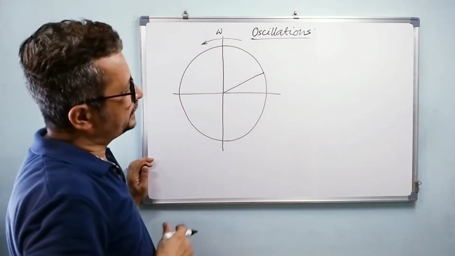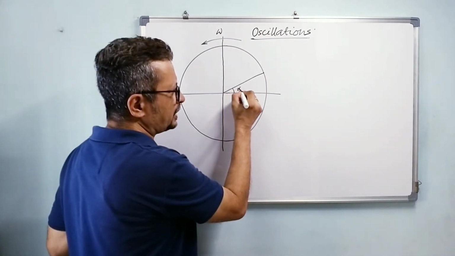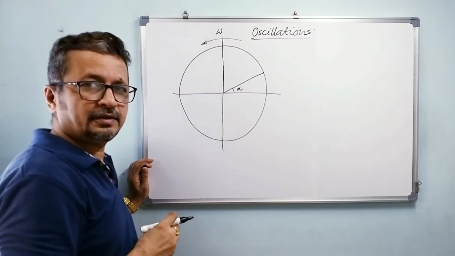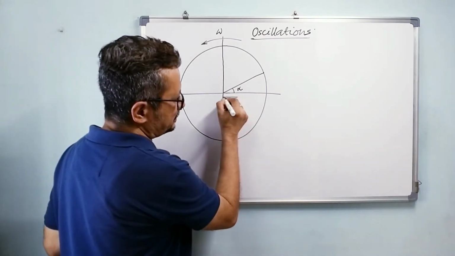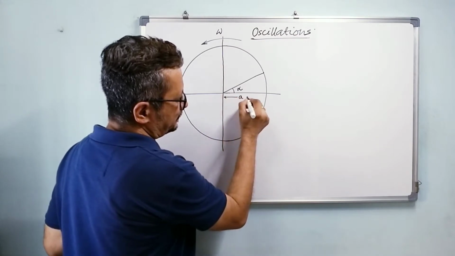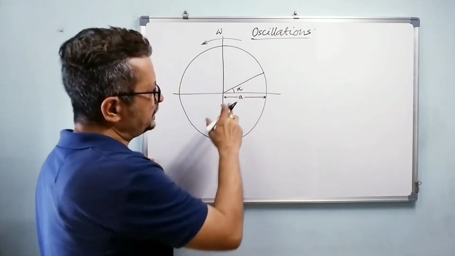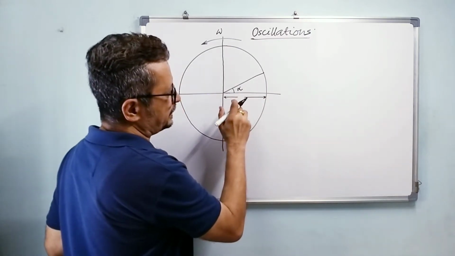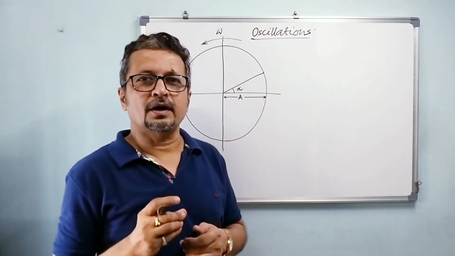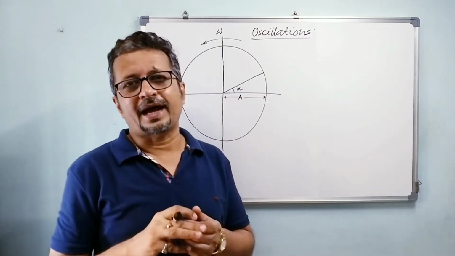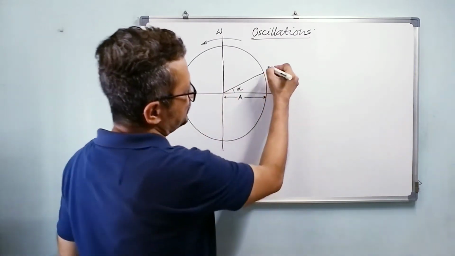This is my position alpha. This angle is alpha. The initial position is alpha, and the radius of this circle is a. Instead of calling it small a, I'll call it capital A here, because I should not confuse between acceleration and amplitude here. So this is my initial position.